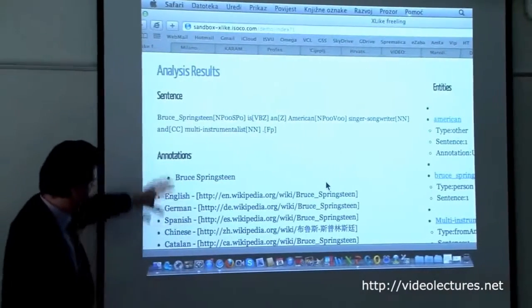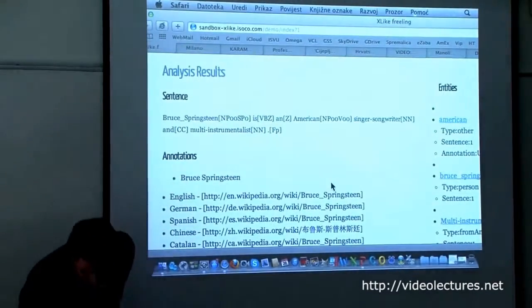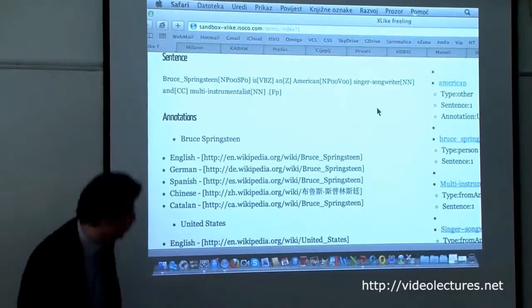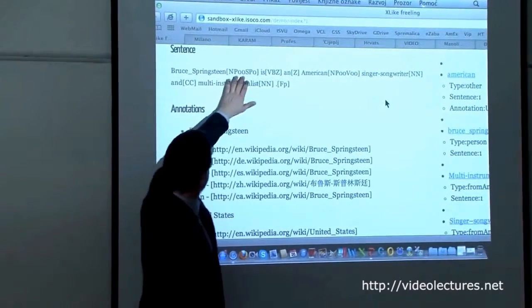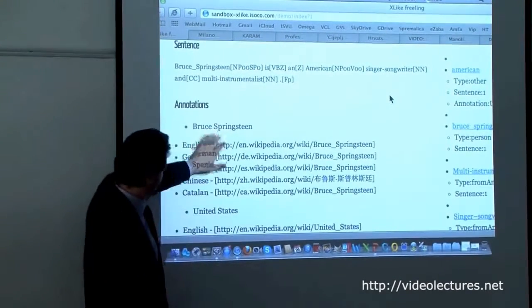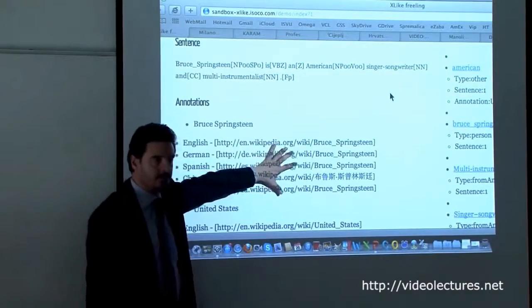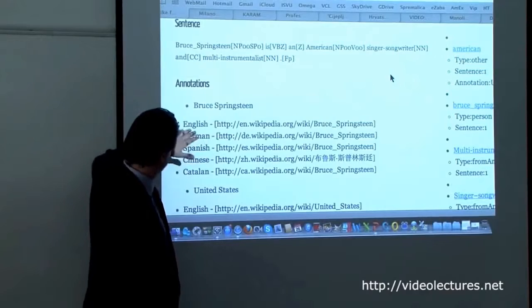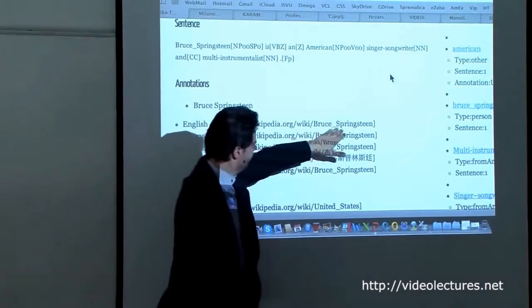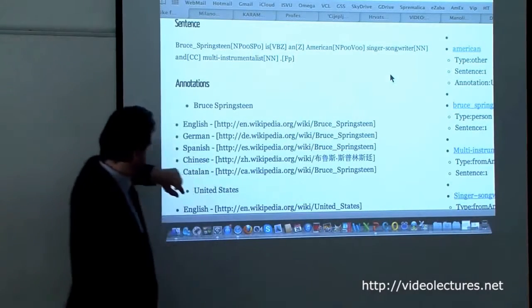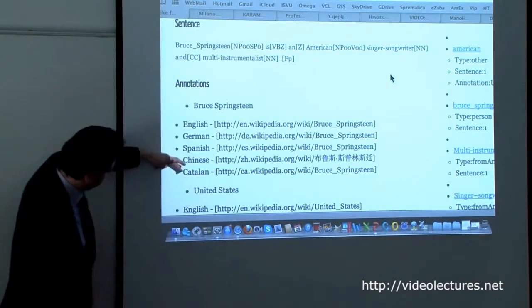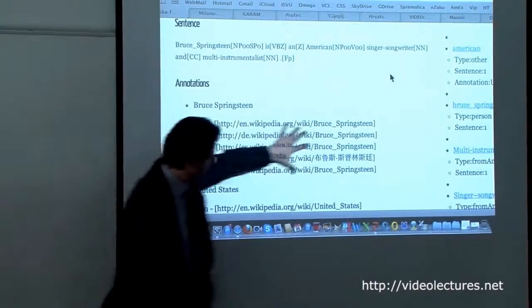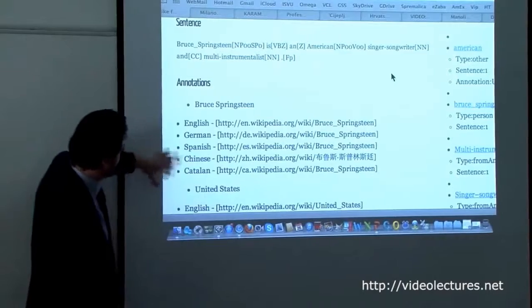And then you have annotations. That means you link the named entity to ontological space. So you have links of the name Bruce Springsteen to Wikipedia unique identifiers in English, German, Spanish, Chinese, and Catalan Wikipedias. So this works for these 5 languages.